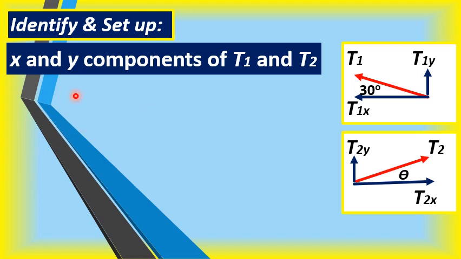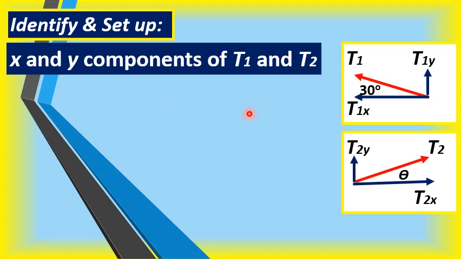Earlier, we said that the tension force T1 makes an angle of 150 degrees from the horizontal, and that means the angle that it makes with the negative x-axis is equal to 30 degrees. Therefore, we can express the x and y components of both tensions T1 and T2.